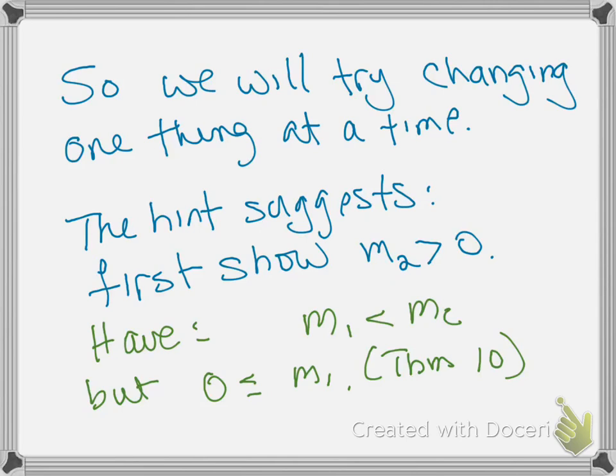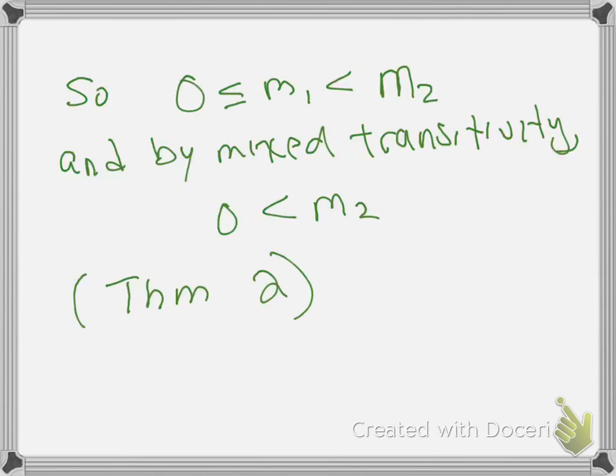So the assumptions that we have are that m1 is less than m2, but we also know from Theorem 10 that 0 is less than or equal to any natural number, including m1. When we put those together, we have 0 is less than or equal to m1, which is less than m2. And so by mixed transitivity, that is Theorem 2, we do indeed have that m2 is strictly greater than 0.